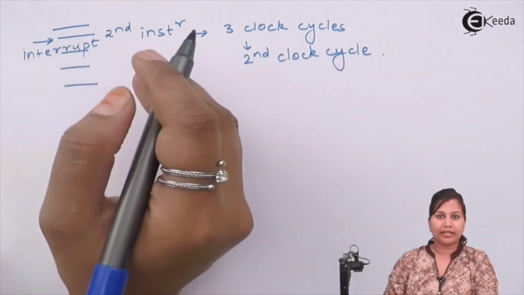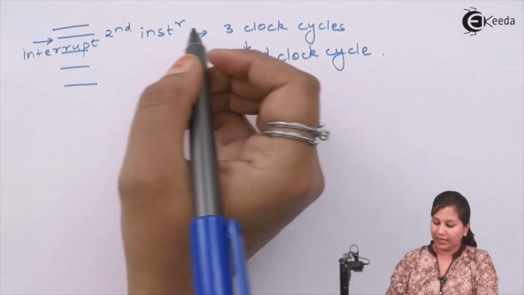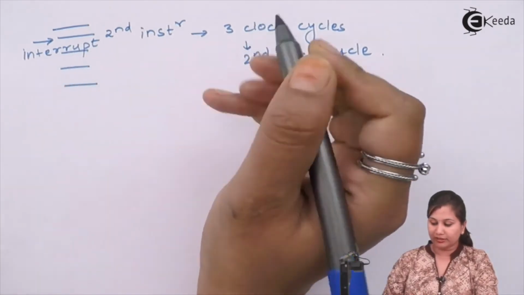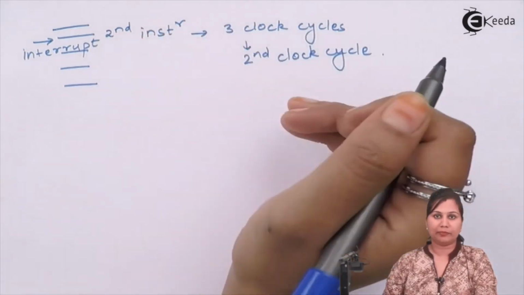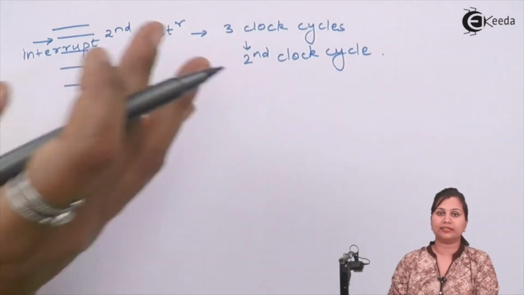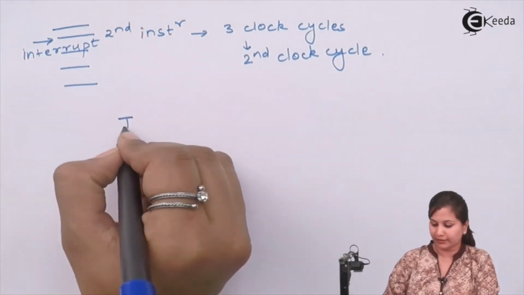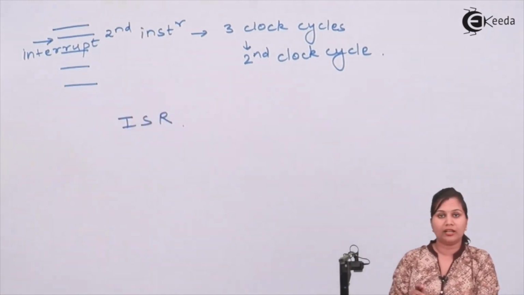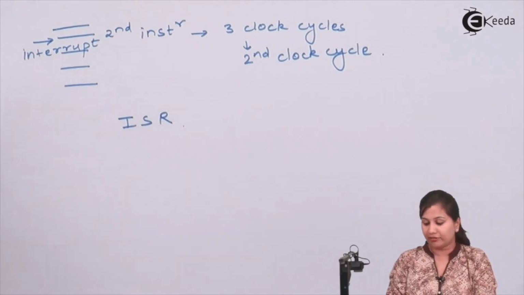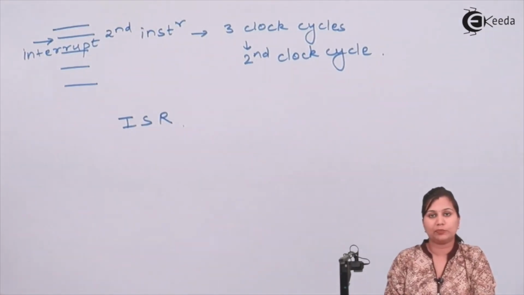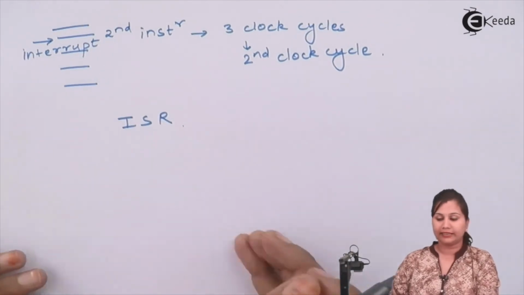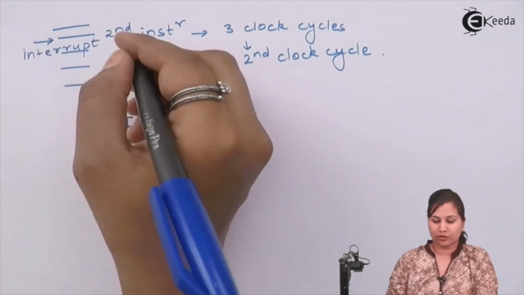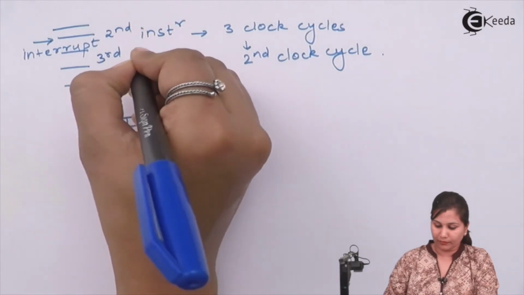Now the interrupt length is so long that after it is sensed, the microprocessor will jump to the address where the interrupt service routine is written, execute that service routine, and then return to the third instruction.